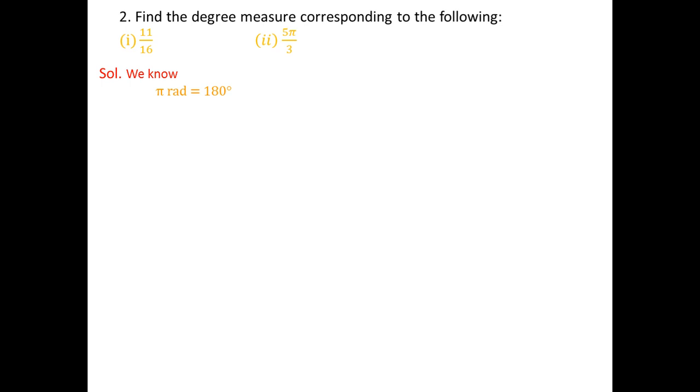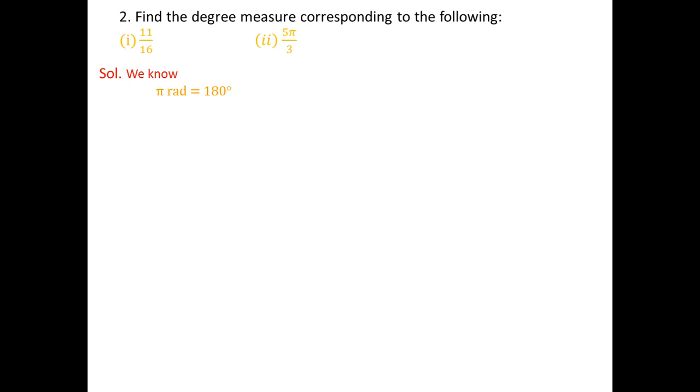We always start from this concept. If we want to find the degree measure, we write it as pi radian equal to 180 degree, or if we want to find the radian measure, we write it as 180 degree equal to pi radian. So you always start from here.